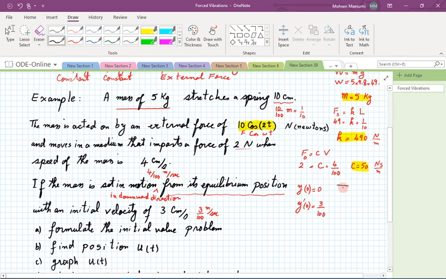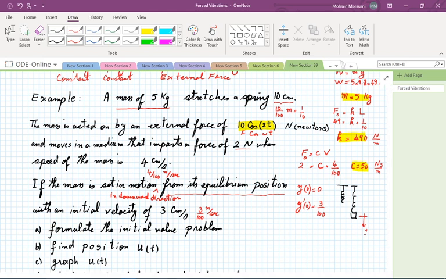We have the spring, we attach mass to it, it stretches. Then from this position we kick it downward. So y of 0 is 0, y prime of 0 is 3/100, and we are taking this to be our positive direction.